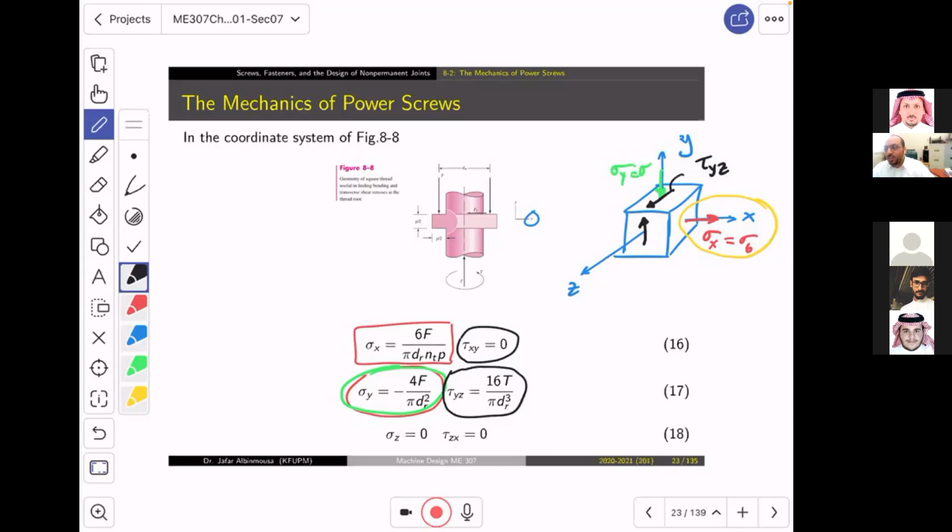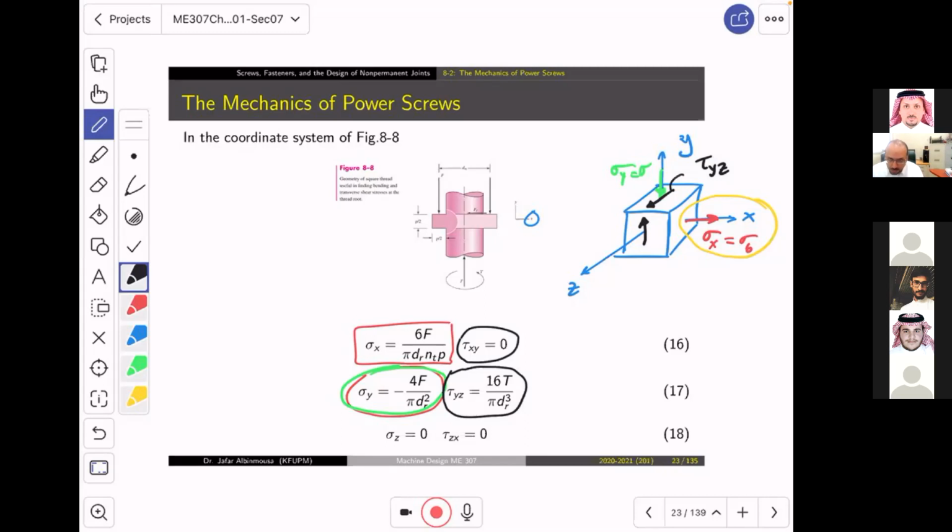Now, what do we need to do? What do you think we should do with the y face? We should calculate the principal stresses. Yes.